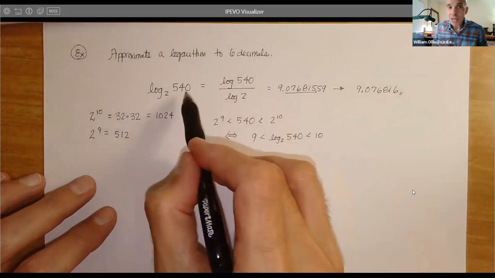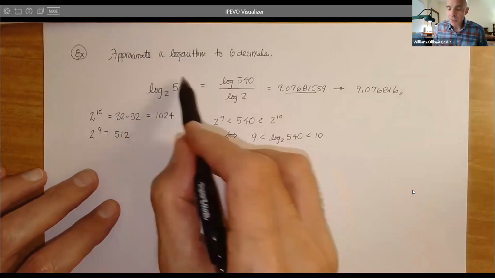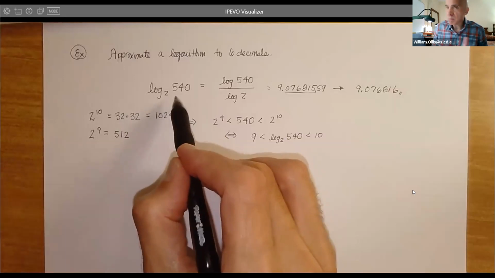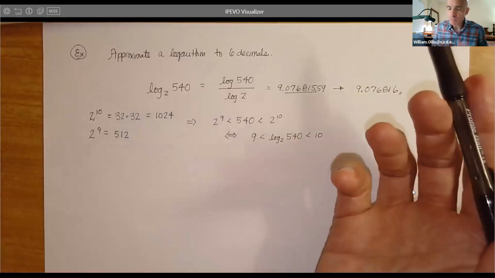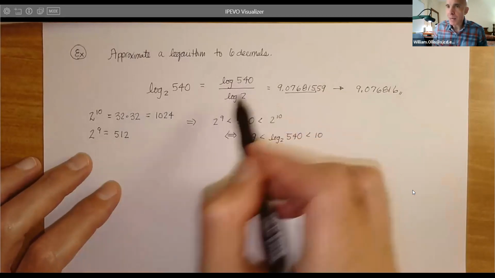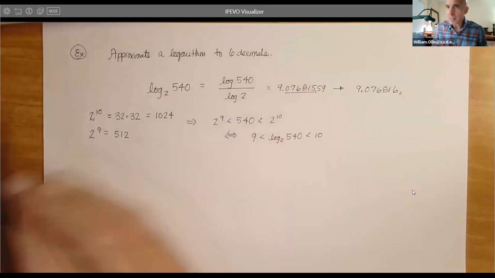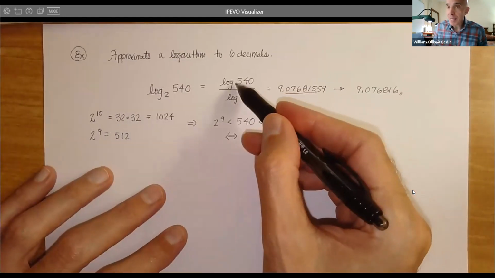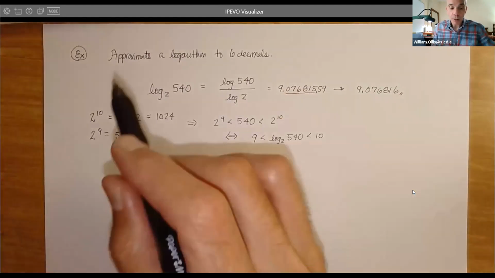So when you have to actually approximate the logarithm of an argument for a base that you don't have access to, then you basically choose the base where you have access. Either you have a table or you have a calculator that has the base 10 log or the natural log.